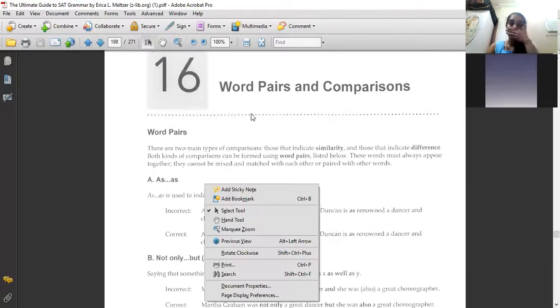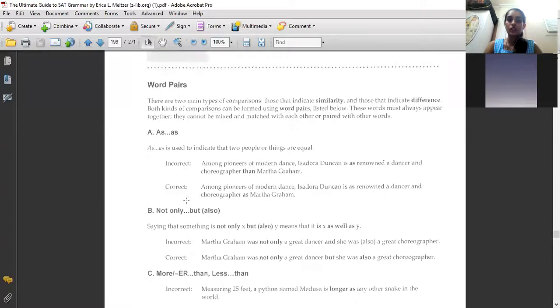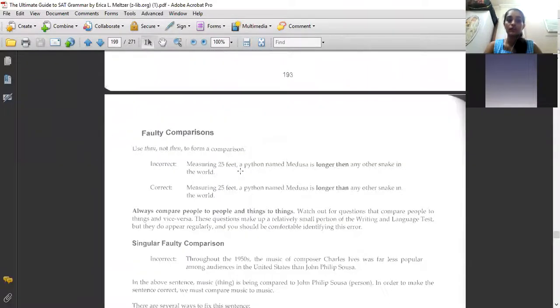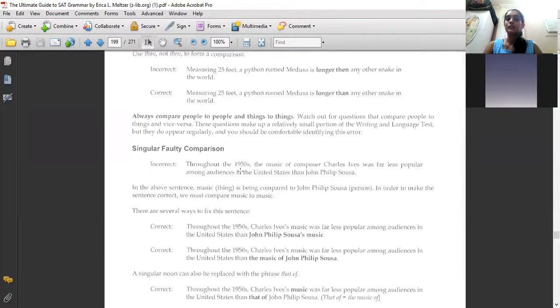Okay, then there's word comparison. As goes with as, not only goes with but also, more than, less than, neither nor, either or. This is faulty comparison: you can only compare objects to objects and things to things. If you read this sentence here, I'm comparing the music of the composer to a person, which I cannot. I can only compare music to music. So I'll use John Philip Sousa's music or the music of John Philip Sousa.